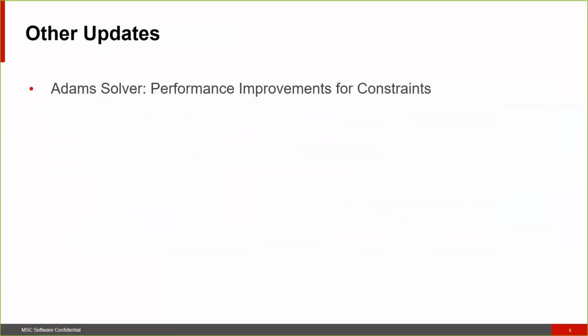Within Adams Solver, there have been, again this release, same as the last, at least one, maybe two releases, some more performance improvements related to constraints, finishing a lot of work on improving the performance of constraints in this release. So universal joints, hook joints, cylindrical joints, and all of the joint primitives are now showing performance gains.